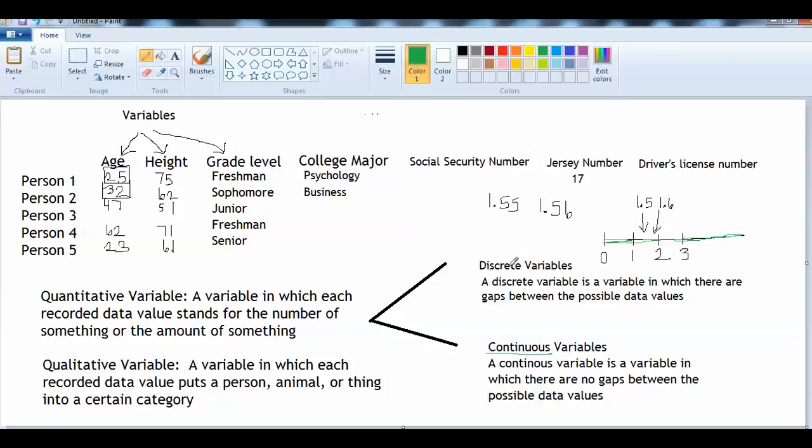You never have half of a person, and things like TVs are always whole. You don't find half of a TV. Also, shoe sizes are only created in certain sizes. So often what makes something discrete is when things are only created in certain sizes.